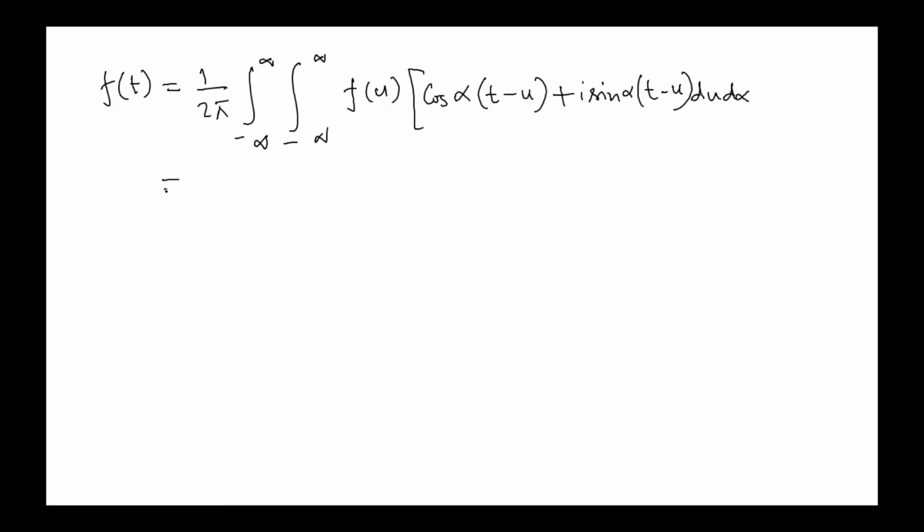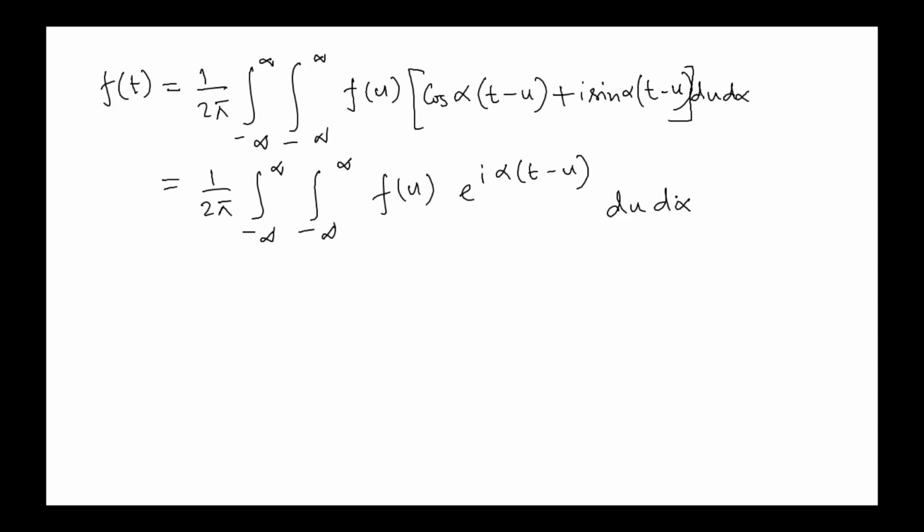Now we can write this as f(u) e to the power i alpha(t minus u) du d alpha.